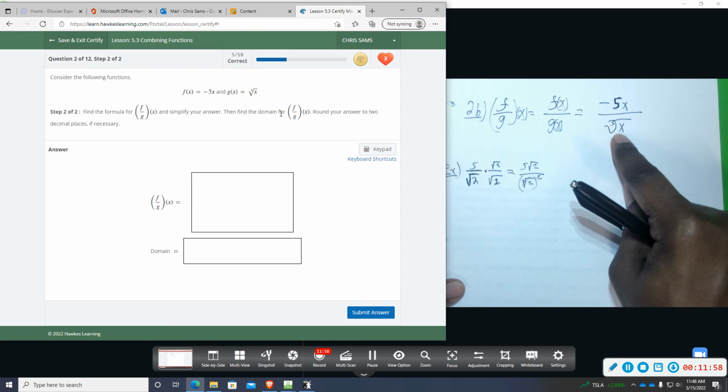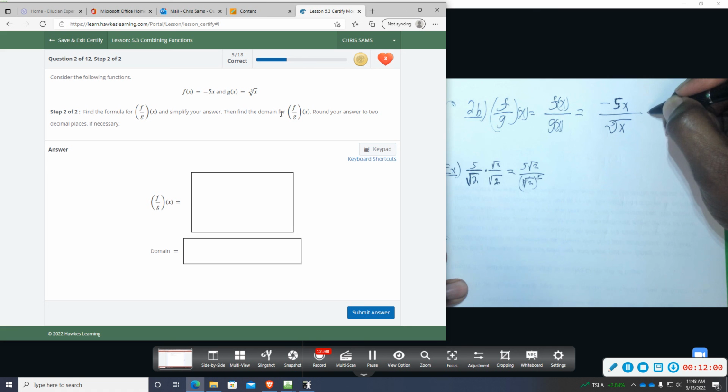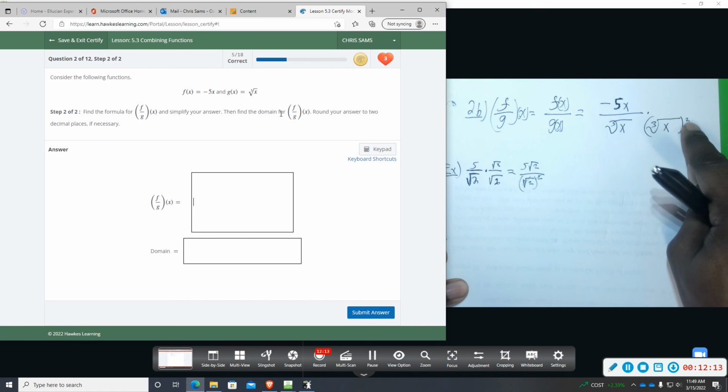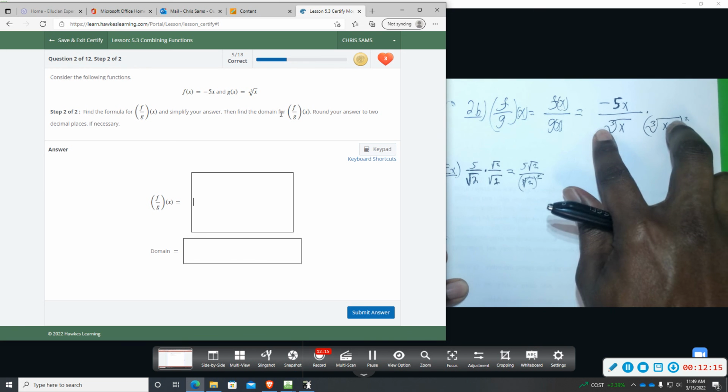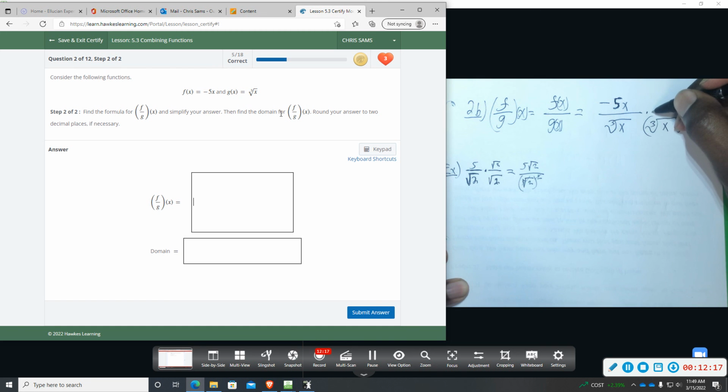So I already have 1. So what we need to multiply here is the cube root of x, this whole thing squared, okay? Because 2 plus 1 will give you 3 of them and cause 8 to cancel out. So that's something that you got to kind of pick up on with the pattern.